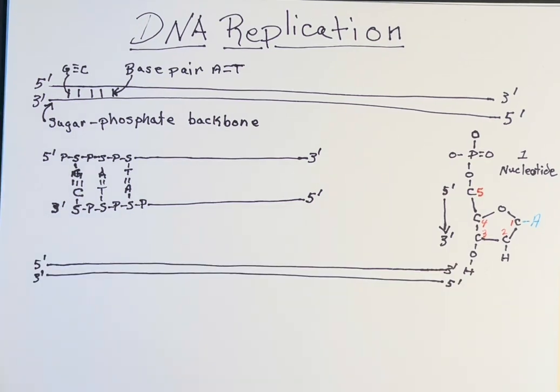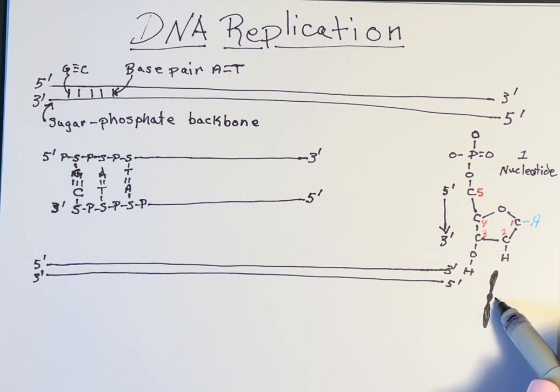So here's our DNA strand, and remember, a chromosome is just a long piece of DNA. So say this could be representing chromosome 5. So there's chromosome 5 before it is replicated.